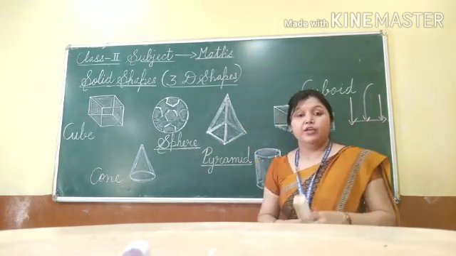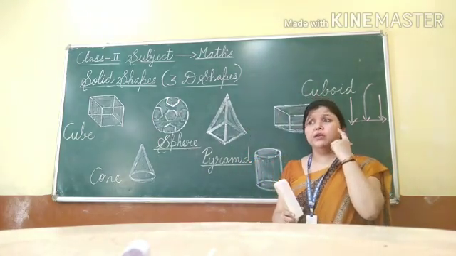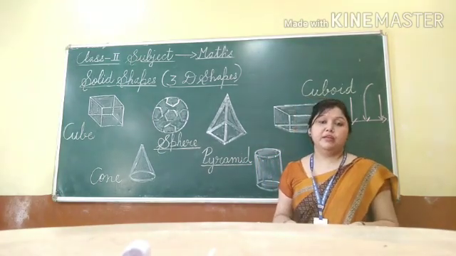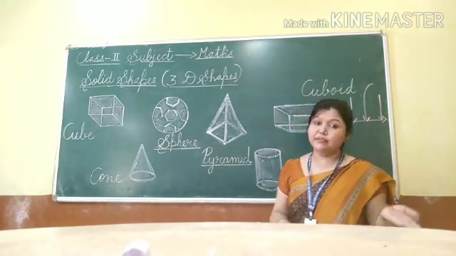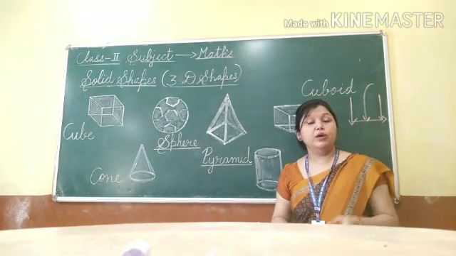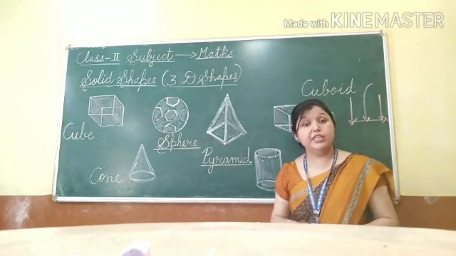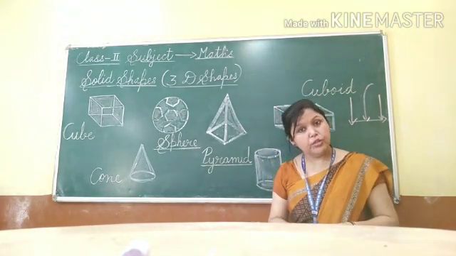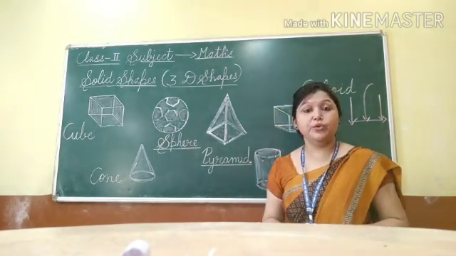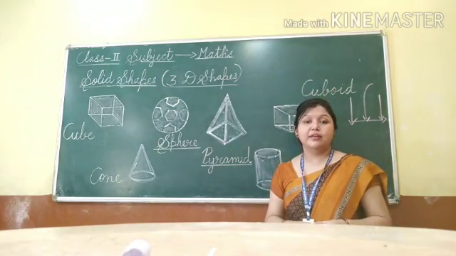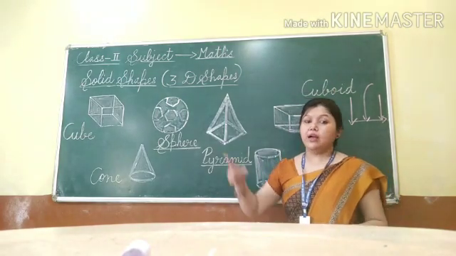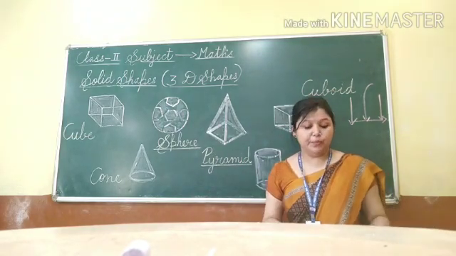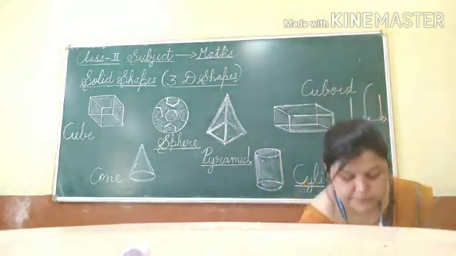So you understood the difference between 3-dimensional shapes and flat shapes. Now I will show you these solid shapes in reality, and when I show you these shapes, you can better understand the difference between a solid shape and a flat shape. So let's start.